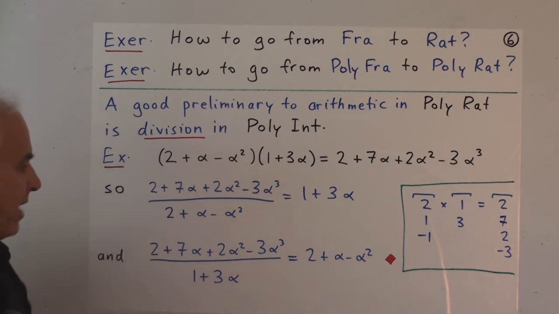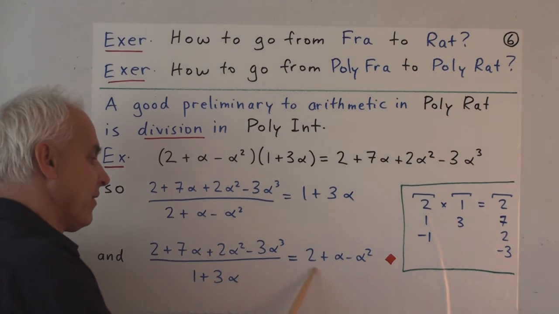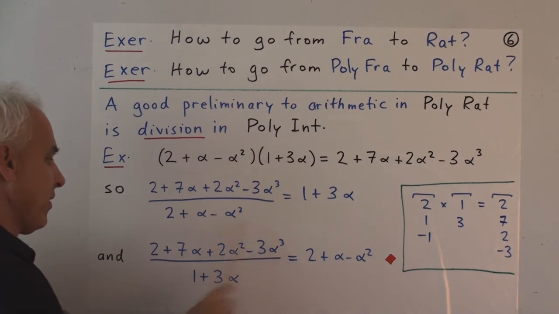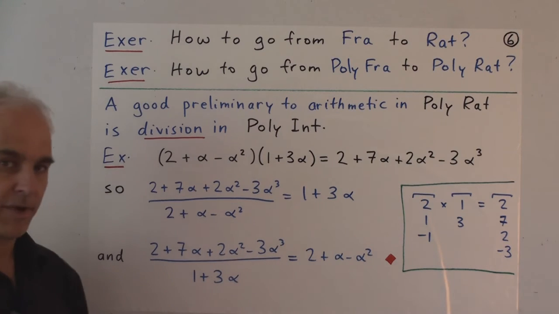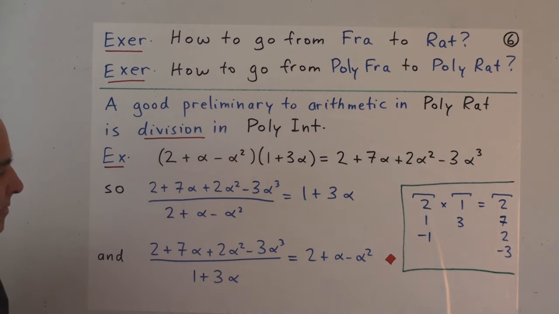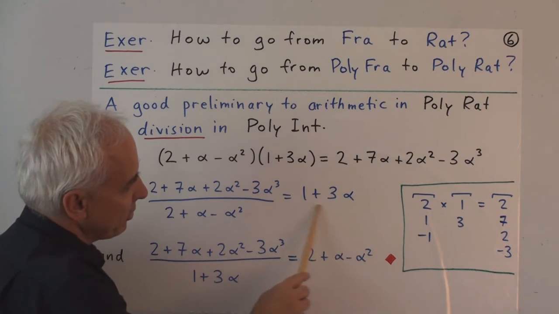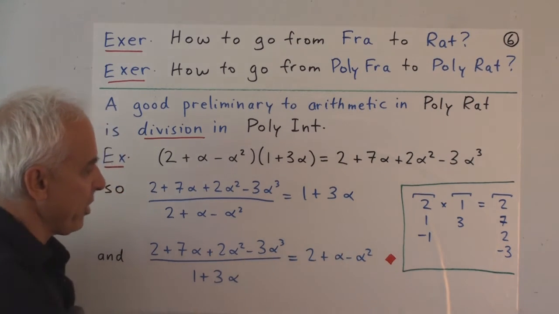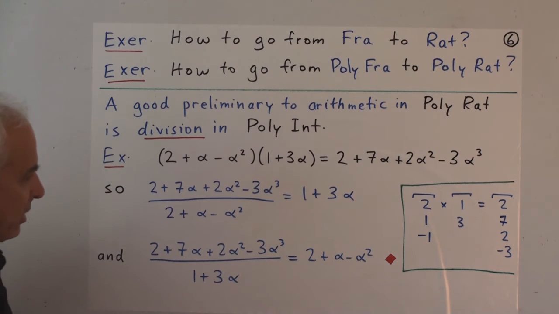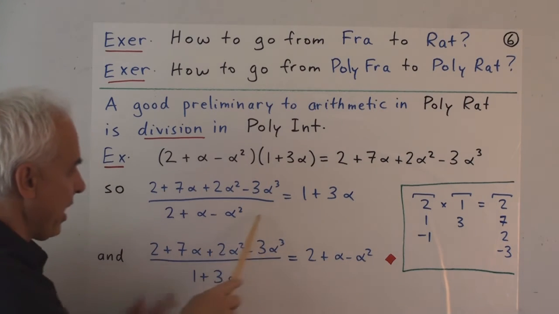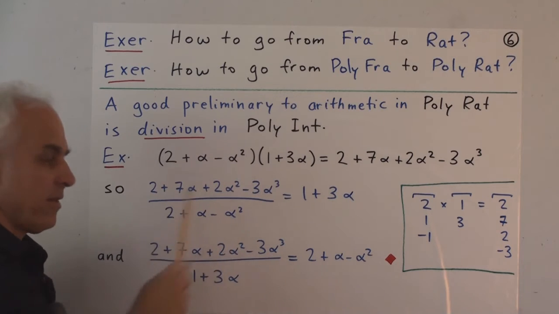Or the other way around, how would we get this thing here if we just knew the numerator here and the denominator? Well, if we think about it for a little while, suppose we're thinking, what could the possibilities be for this polynomial over here? Well, it's got to have the property that when we multiply it by this one, we get this one.